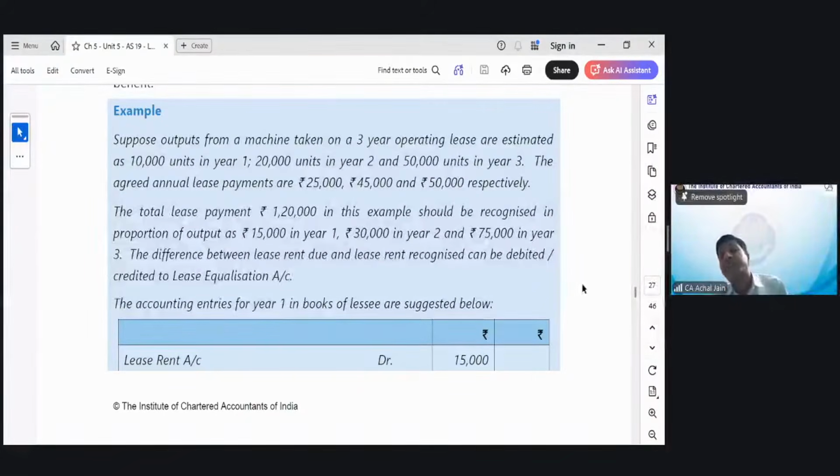In the example we discussed, the rent amount was constant, 1 lakh each year. What if that amount is increasing each year? In that case, you will take the total and the average of that, and equalize it over the period.